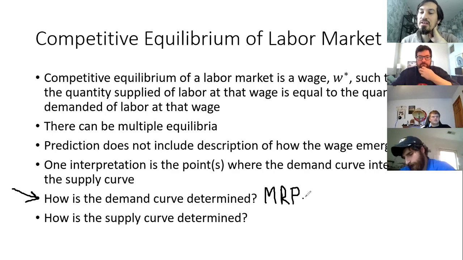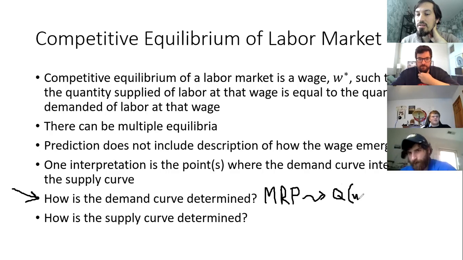So you have to sort of convert this marginal revenue product into a demand curve, which is, what is the quantity of labor that I would choose to hire at a given wage? It's like a function of wage and quantity. But it comes from the marginal revenue products.